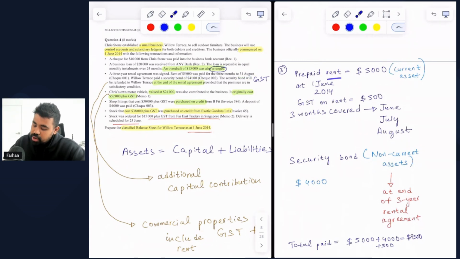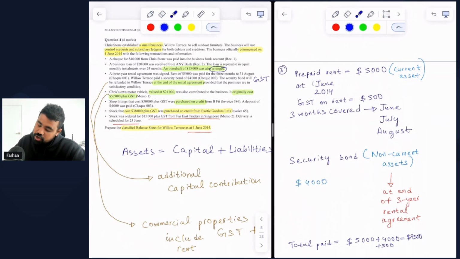So we understand that prepaid rent at 1 June 2014 was $5,000. This is what we have paid today. And this rent is an economic benefit which has been prepaid and still not yet consumed by the business. So we cannot call this a rent expense. So this means this is what we define as a current asset because we expect to consume the economic benefits of $5,000 in the next 3 months.